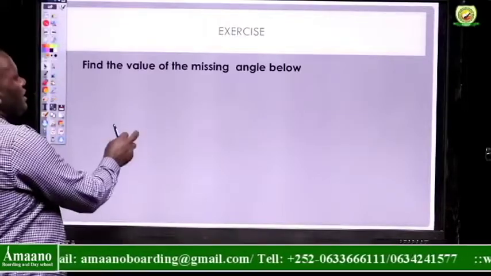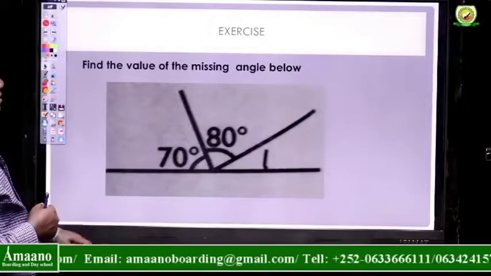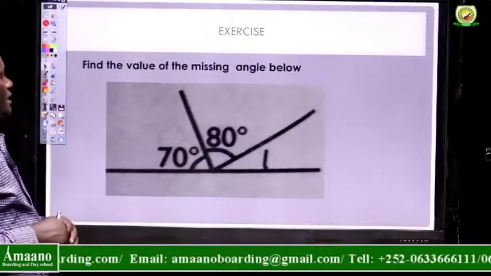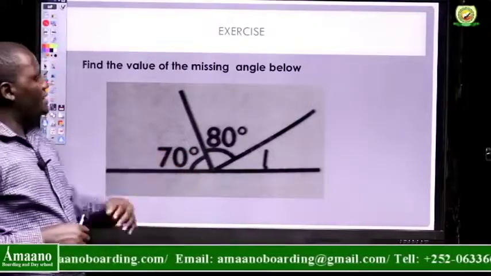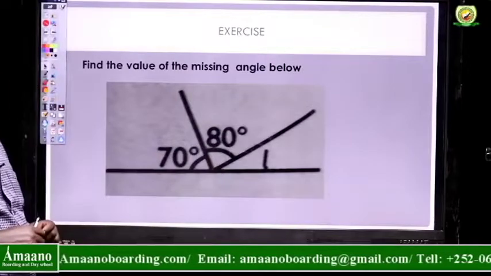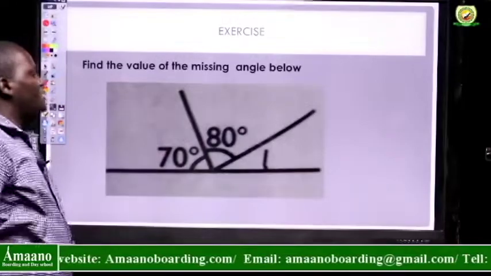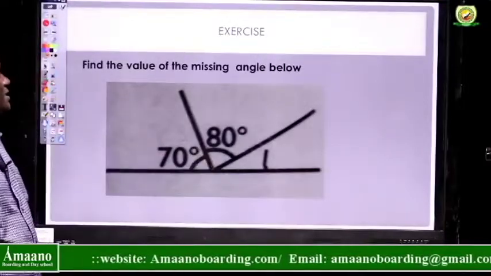Exercise. Find the value of the missing angle there. 70 degrees, 80 degrees, you find L. I'll only guide you a little bit. Angles on a straight line, they add up to 180 degrees. So I'll take 70 plus 80 plus L is equivalent to 180 degrees.